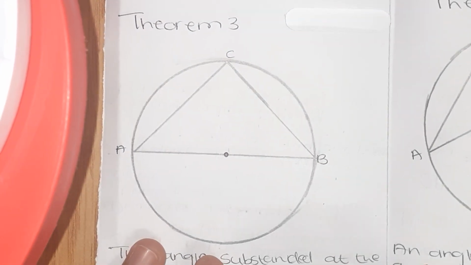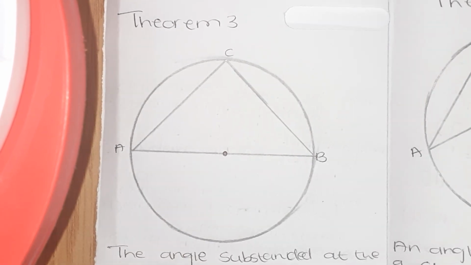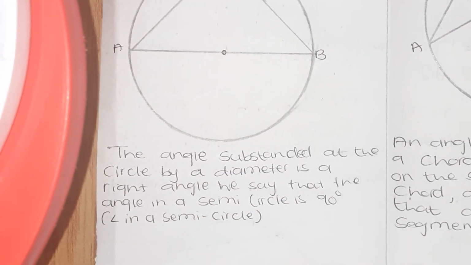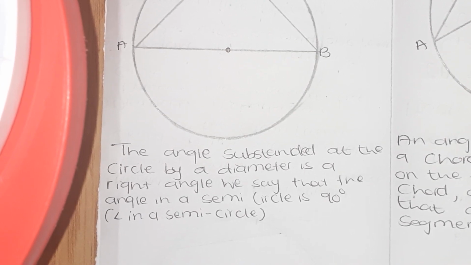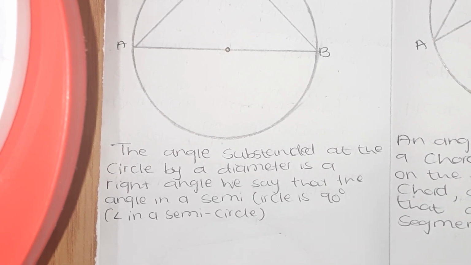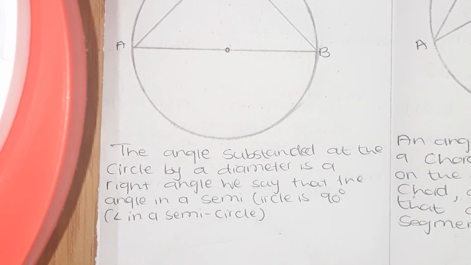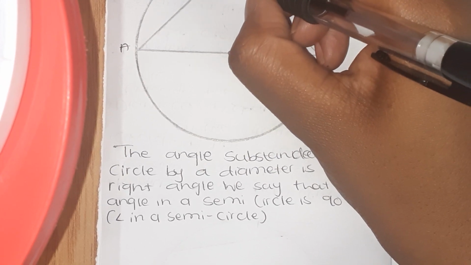All right, now we are in theorem 3. Theorem 3 tells us that the angle subtended at the center by a diameter is a right angle. We say that the angle in a semicircle equals 90 degrees. So angles in a semicircle. So this here equals 90 degrees.